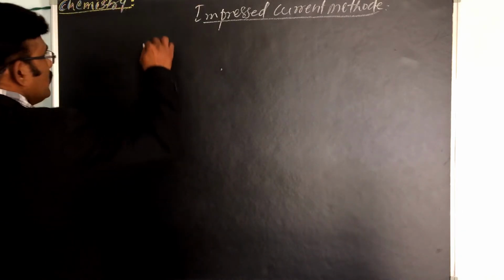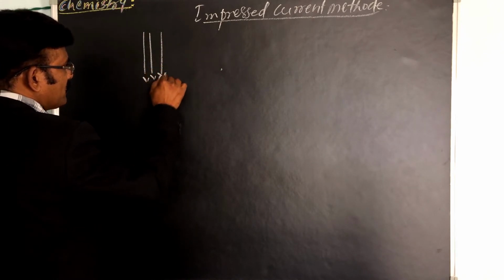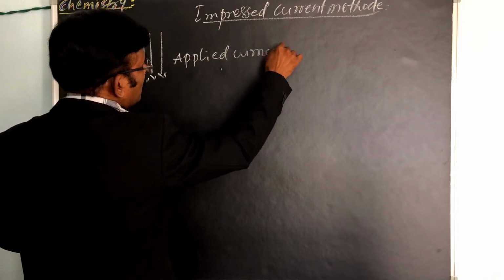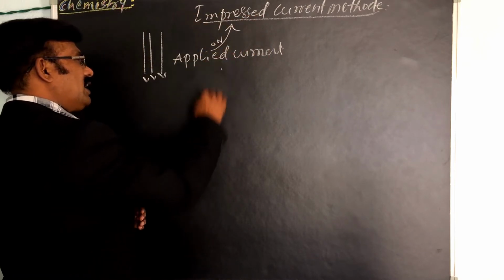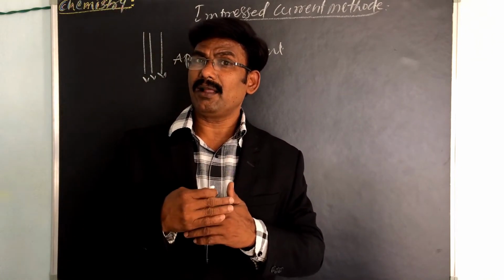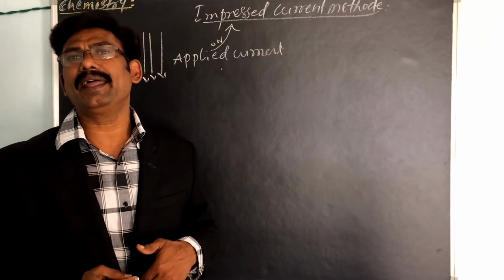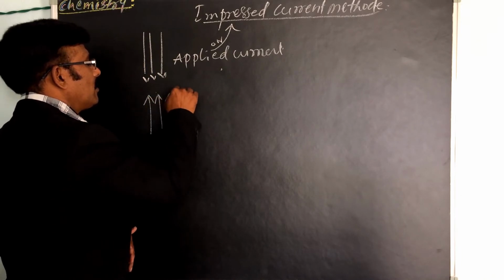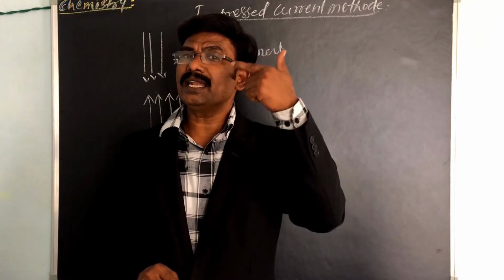So impressed current, or applied current, is applied in the opposite direction to nullify the corrosion current.